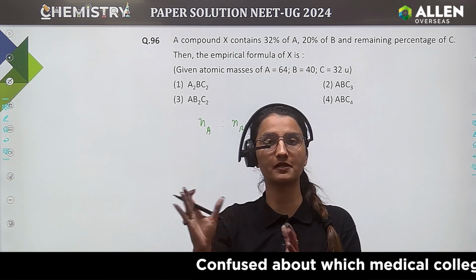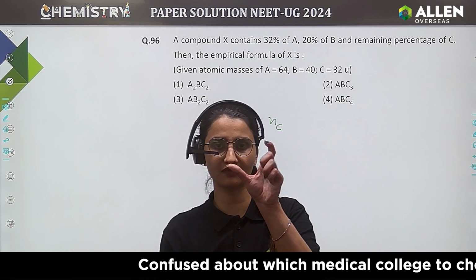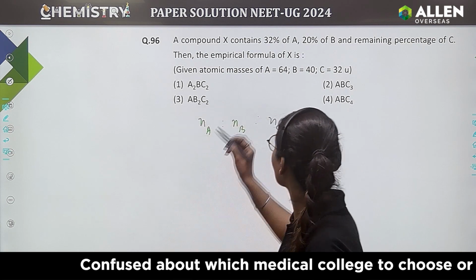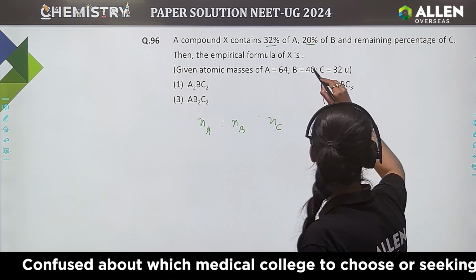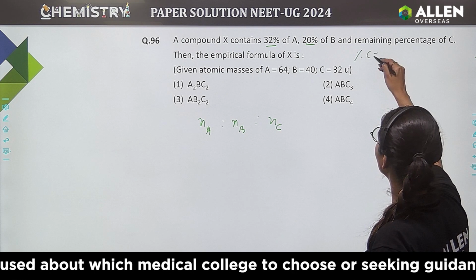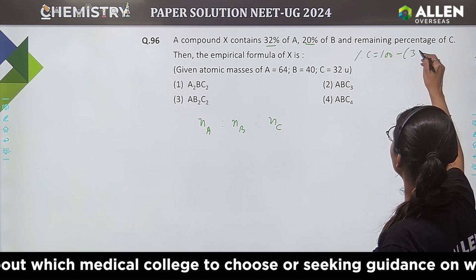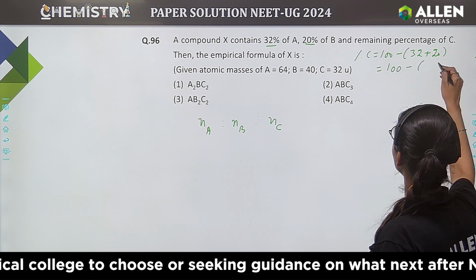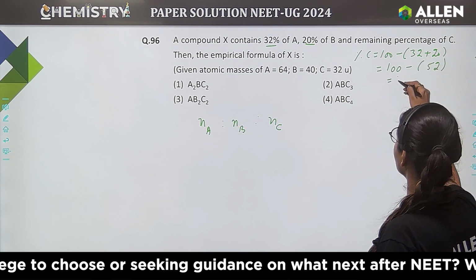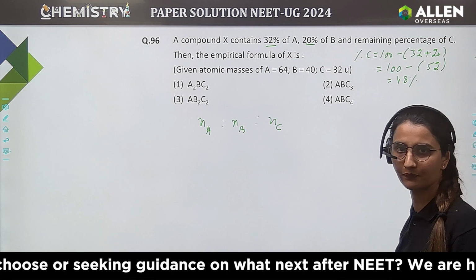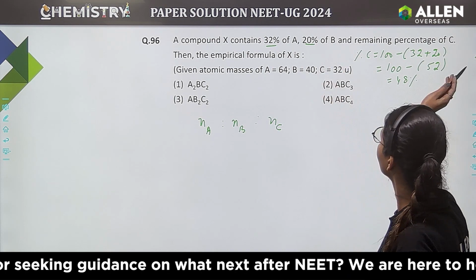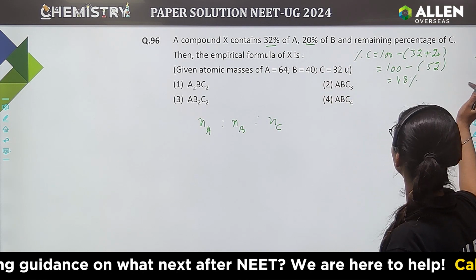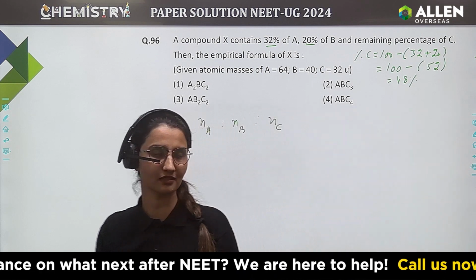If the sum of percentages is 100, we take the percent as mass only. A is 32%, B is 20%. So the percent of C would be 100 minus 32 plus 20. It is 100 minus 52. What is it? 48%. Correct?